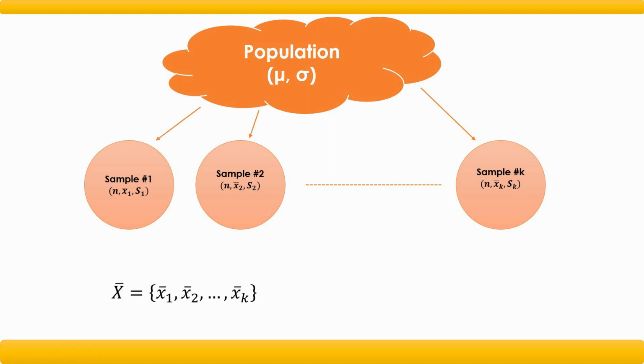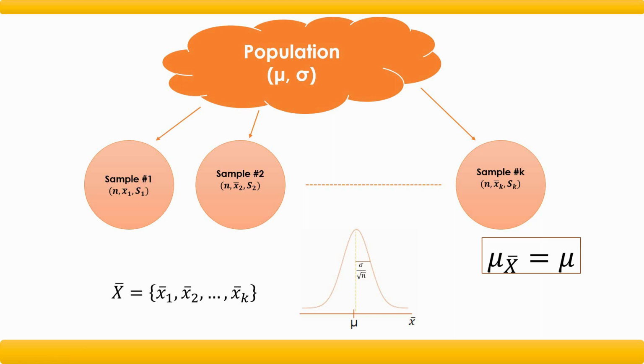Then if we consider x bar as the random variable, which is nothing but the set of all the sample means, and consider the distribution of these sample means, we get a normal distribution. Approximately, this distribution will have the mean mu, which is the population mean, and its standard deviation will be sigma by square root of n, where sigma is the standard deviation of the population and n is the size of the sample.